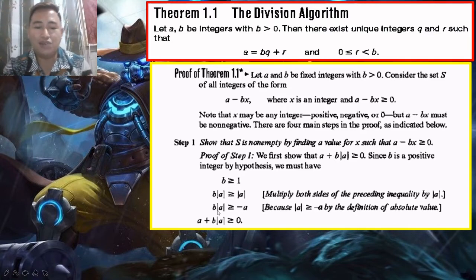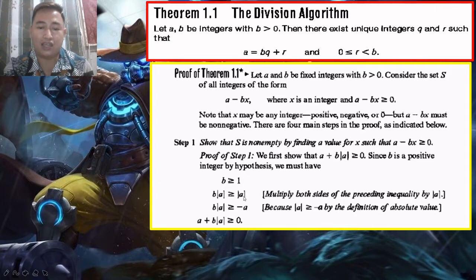Okay. Now, b times the absolute value of a is greater than or equal to negative a. Since ang atong absolute value of a is less than or equal to negative a, no wait, mas gamay si negative a kaysa absolute value of a.